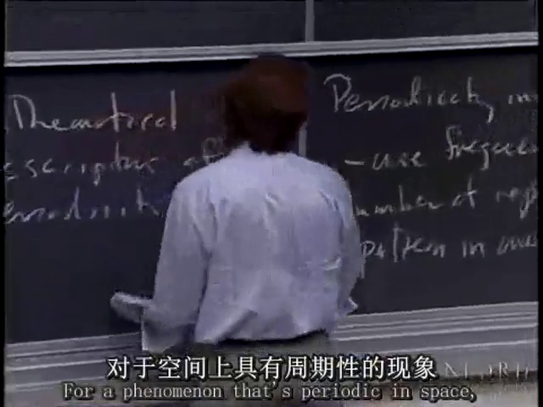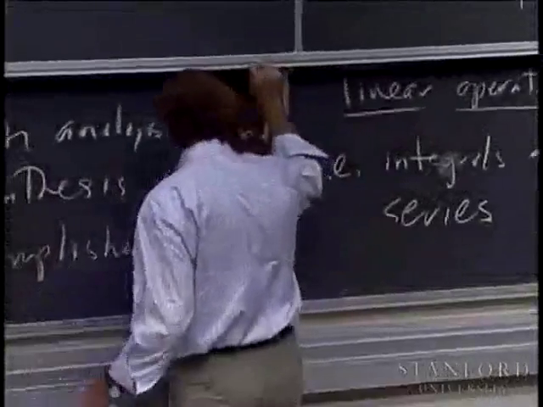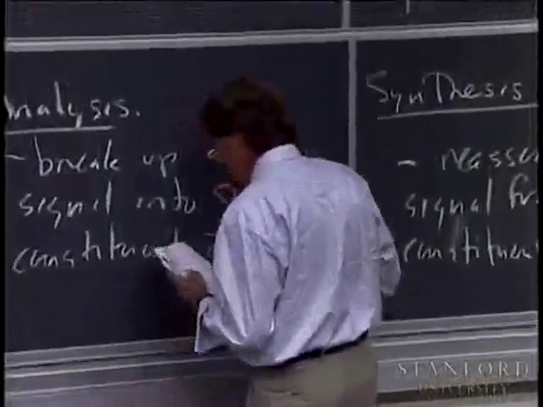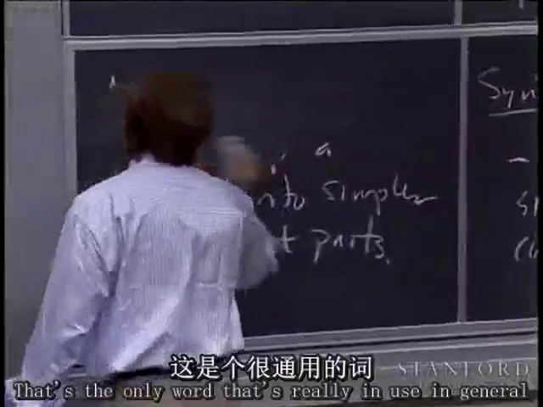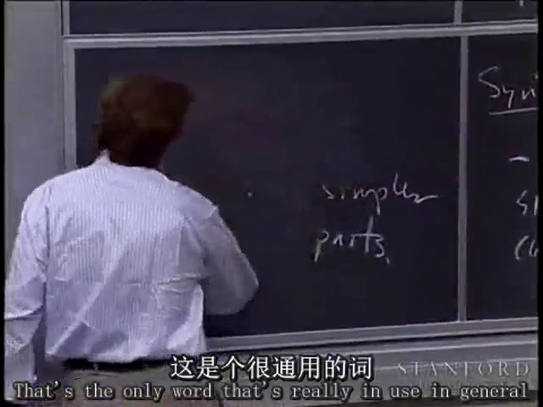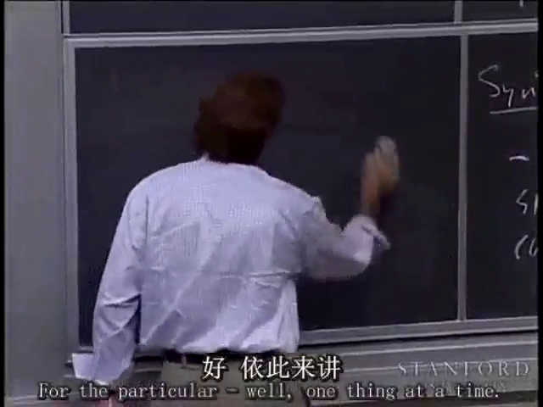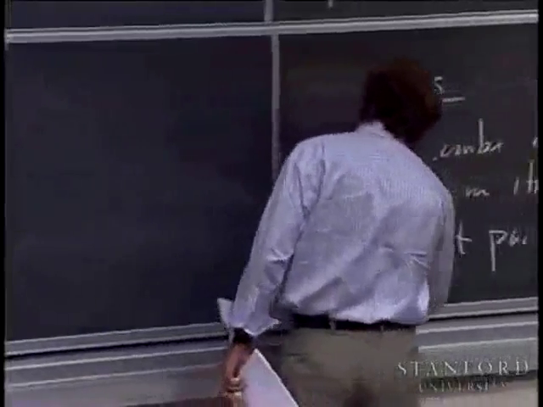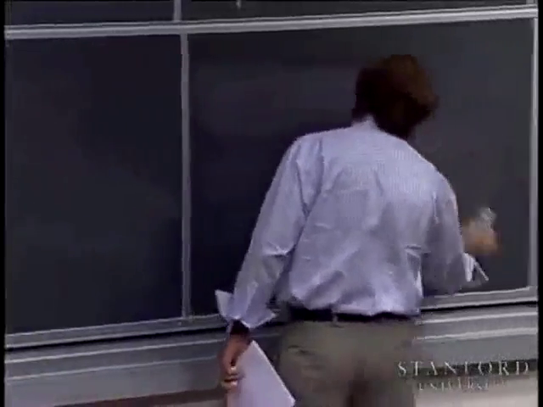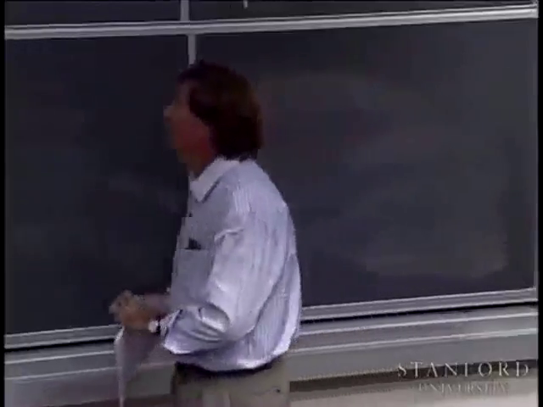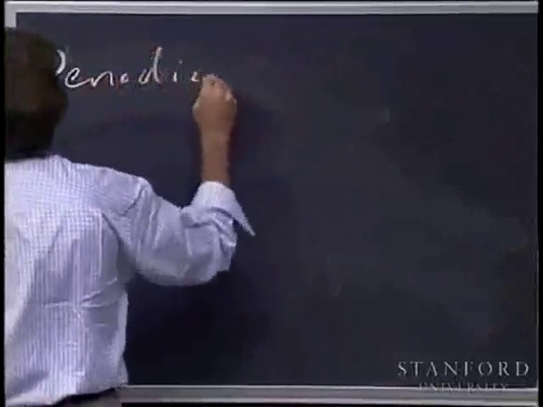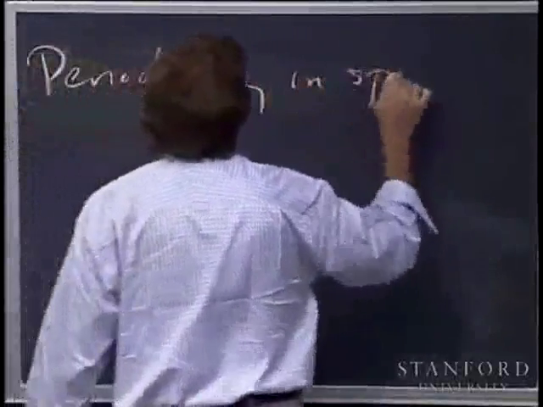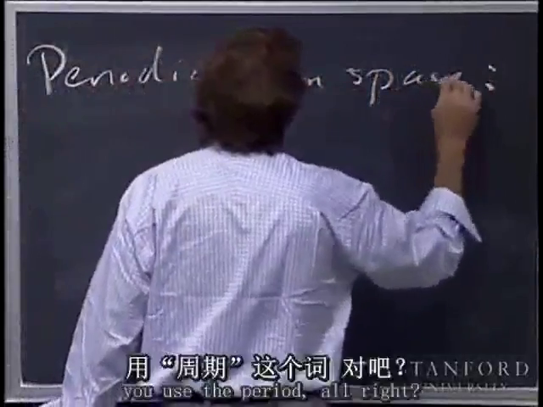For a phenomenon that's periodic in space, you actually use the period. That's the only word that's really in use in general. So for periodicity in space, you use the period.